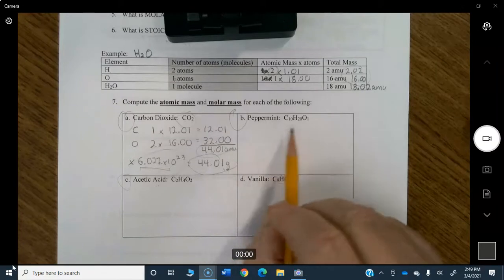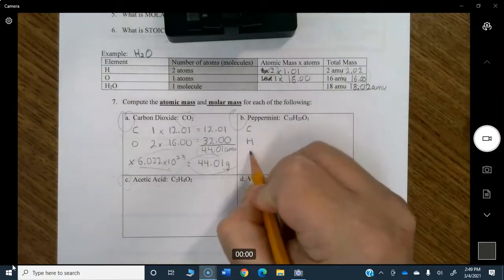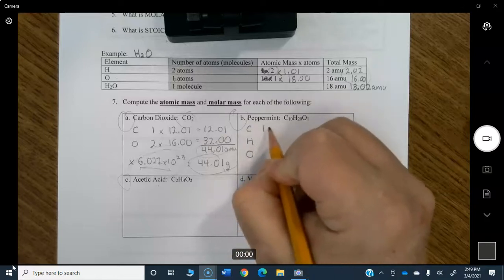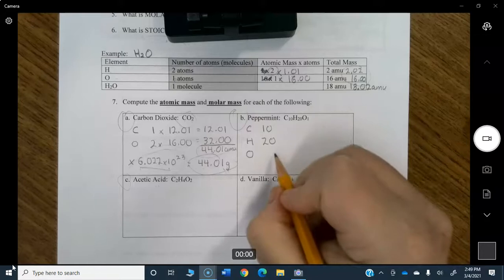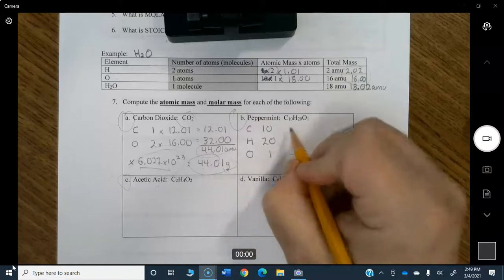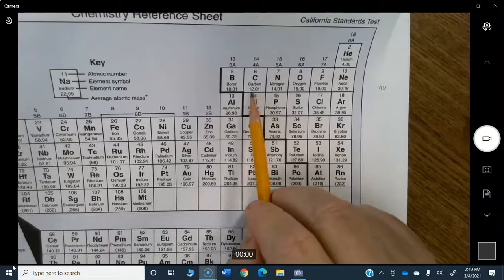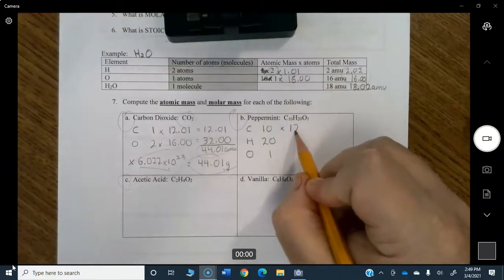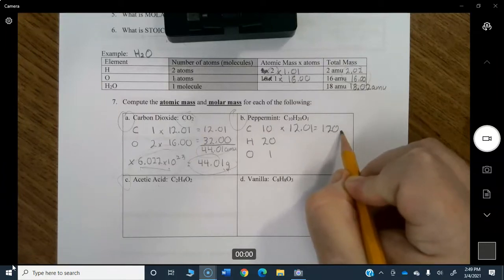Okay, let's go over to peppermint. So you have C, H, and O. There are 10 of the carbon, 20 of the hydrogen, and 1 of the oxygen. For carbon, again, go to the periodic table right there, 12.01, and that's going to equal 120.10.